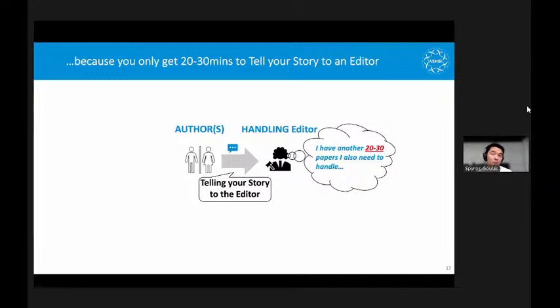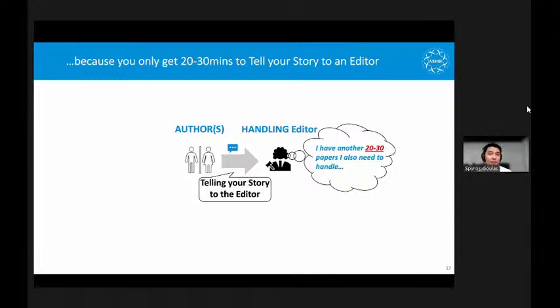From my own experiences as an editor at Developmental Cell, typically editors handle something between 20 to 30 papers simultaneously. So you can imagine that together with other duties that an editor might have, there is only a limited amount of time one editor can spend on one paper per day.